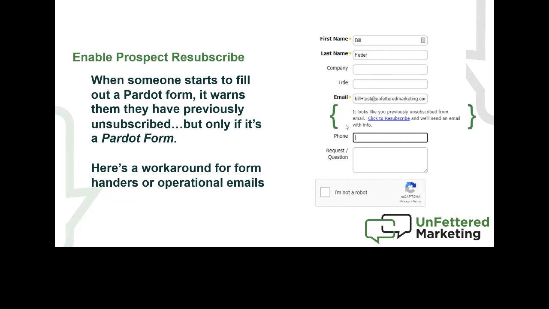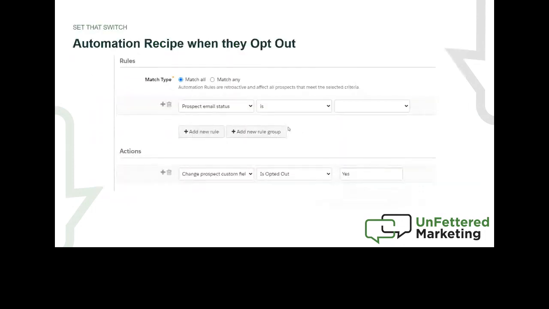But when it's not a Pardot form, when you have a form handler, of course, this doesn't work because it's not Pardot's form, so it doesn't know that you're unsubscribed. So here's the workaround. The first thing we need to do is create a way for us to identify people who've opted out of our emails, because you can't actually address opted out as a field inside of Handlebar Merge.